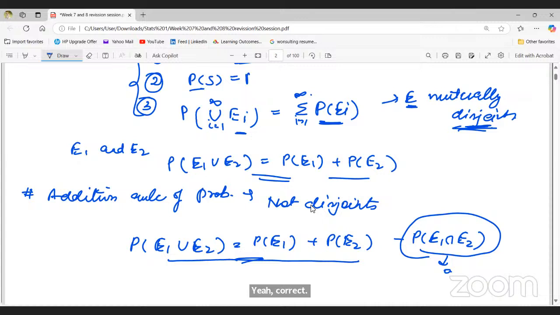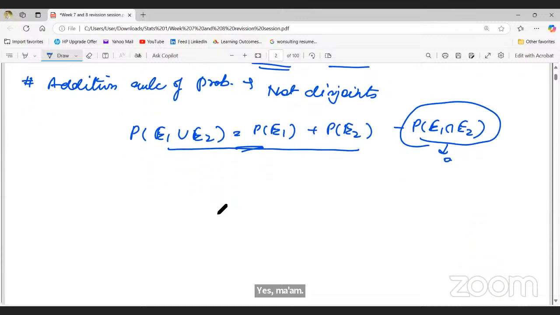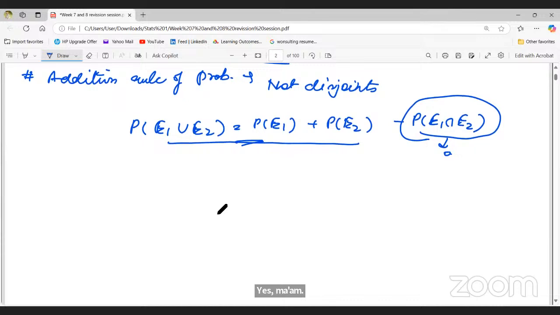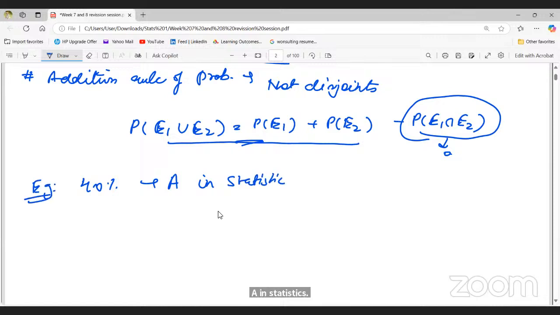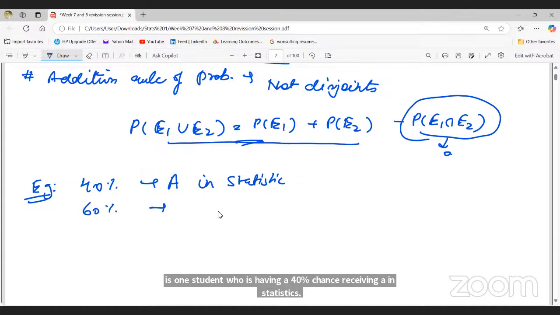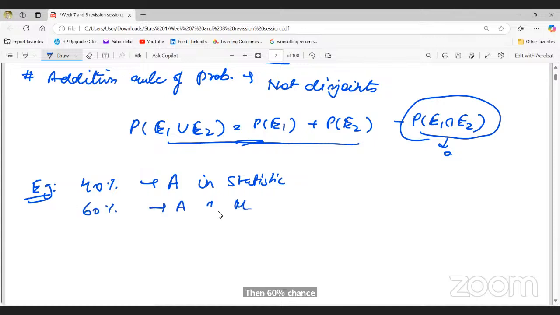Okay, so let us do one example of this addition rule of probabilities. A student has a 40% chance of receiving A in statistics, and a 60% chance of receiving A in mathematics.